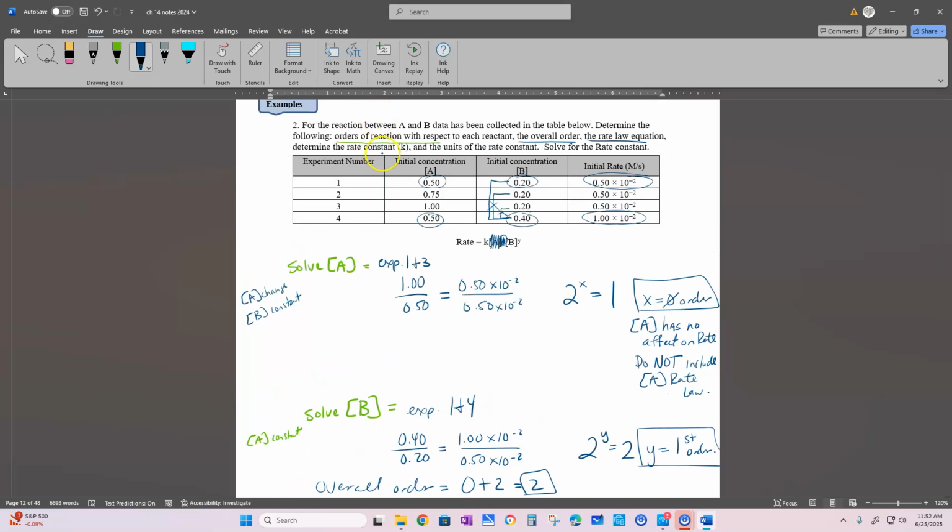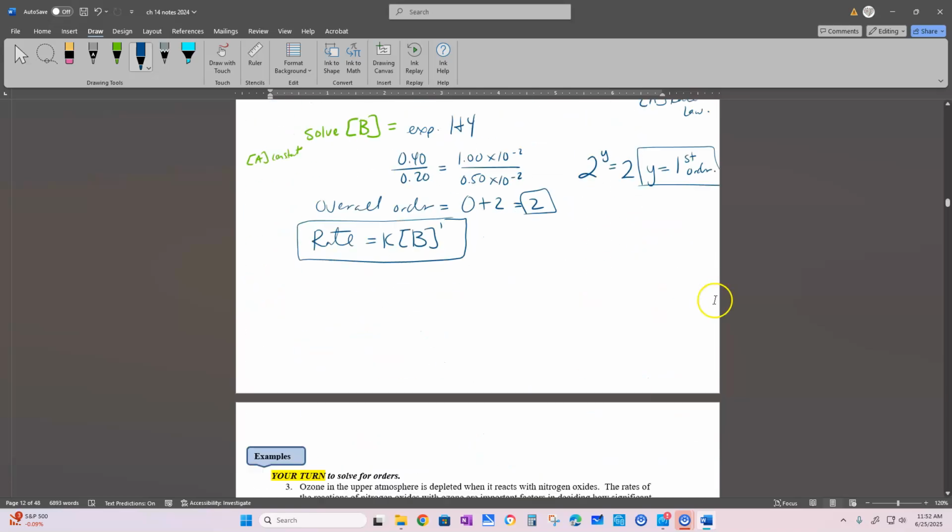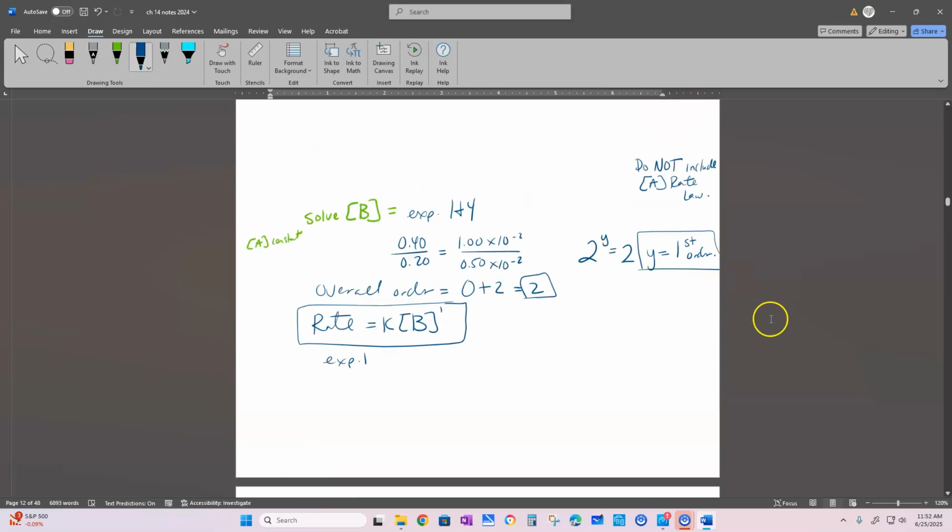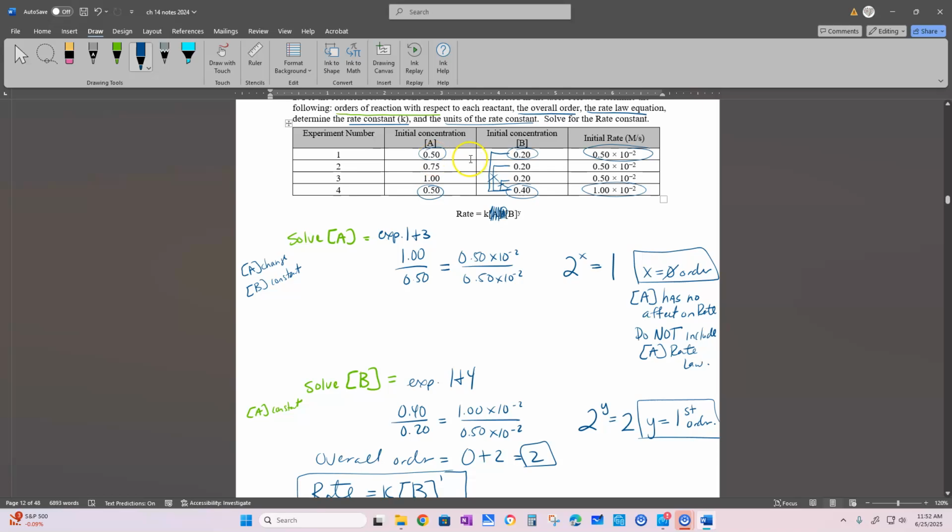Next, I want to solve for the rate constant k, and then I want to find out the units too. I'm going to use experiment 1 because I always like to use experiment 1. So I'm going to use these values.